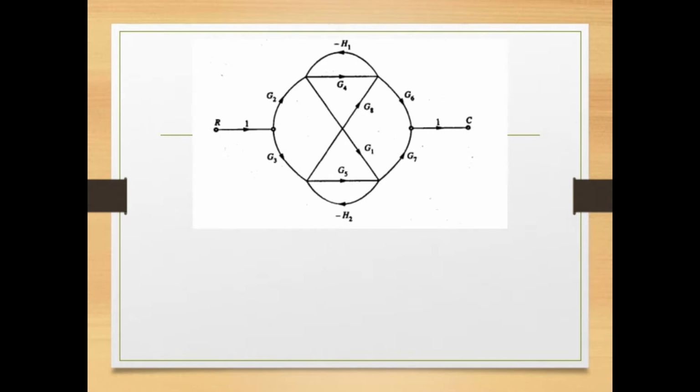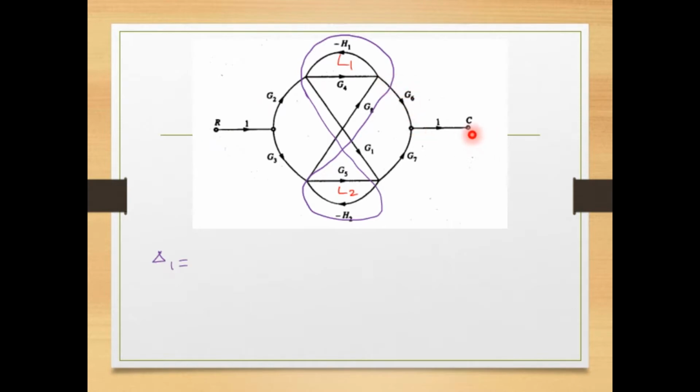L1 is this, L2 is this one, and L3 is along G1, minus H2, G8 and minus H1. So that is L3. Now delta 1 is the loop we need to consider excluding the loops which are touching the first path, which is G2, G4 and G6.